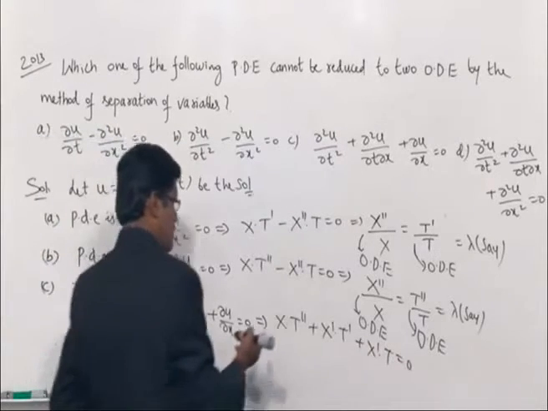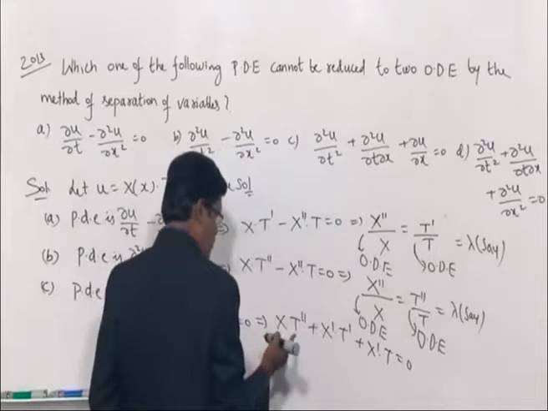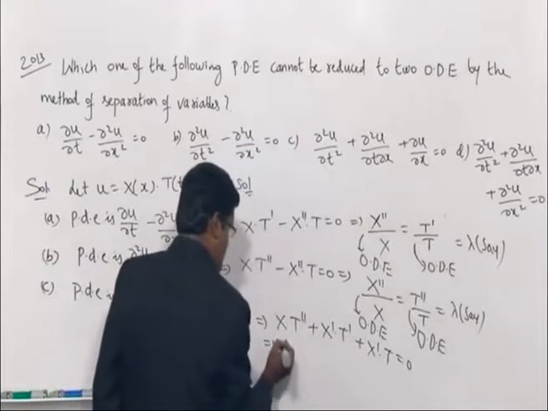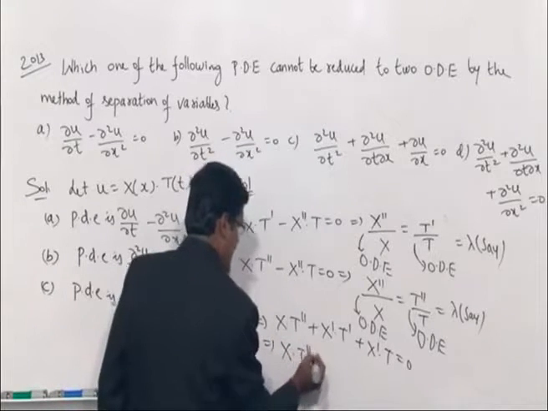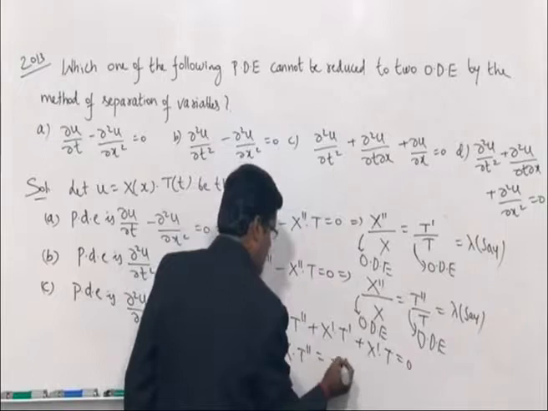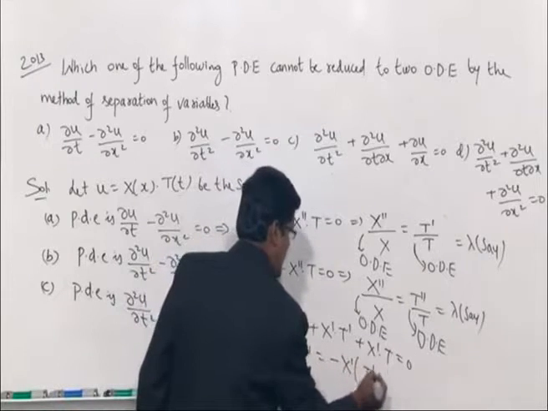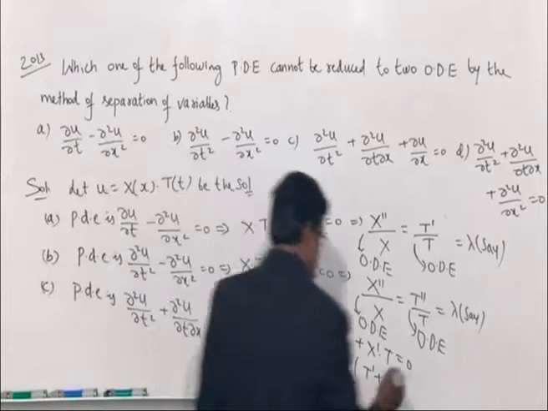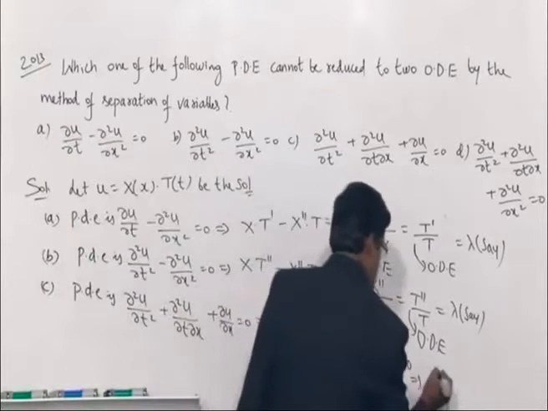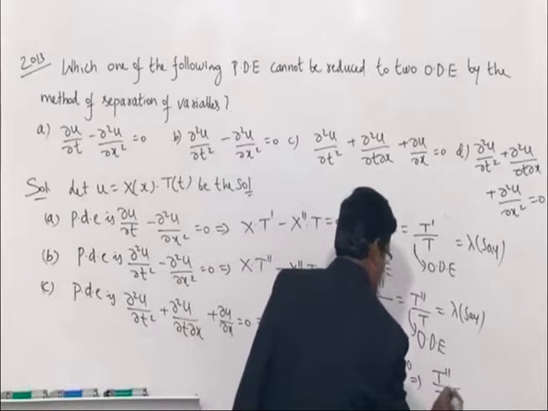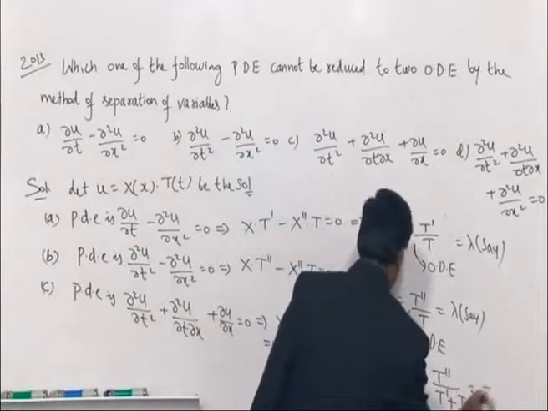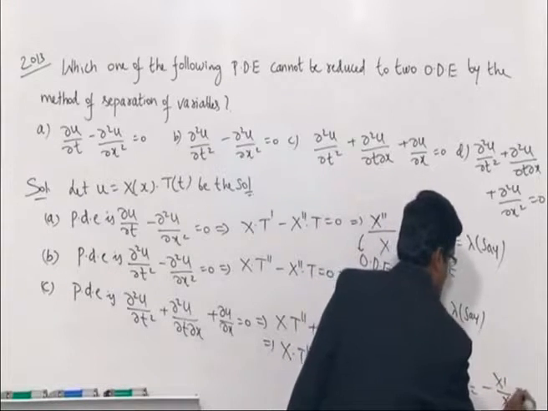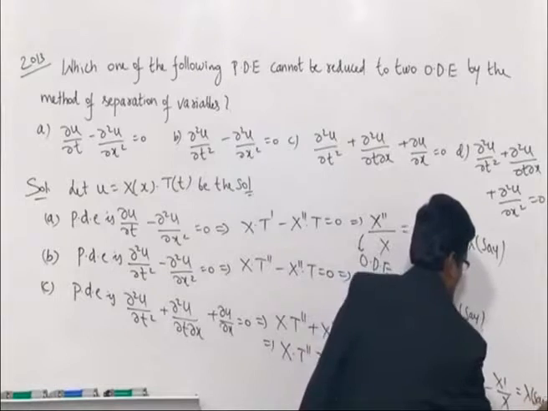Now let us see, this is reducible to one ODE or two ODEs or no ODE, like that. Here I can take x dash common. X into t double dash, sending the other two terms, and then after taking x dash, this becomes t dash plus t. Now easy to separate the variables x and t. So this simplifies to t double dash by t dash plus t is equal to minus x dash by x is equal to lambda, say.